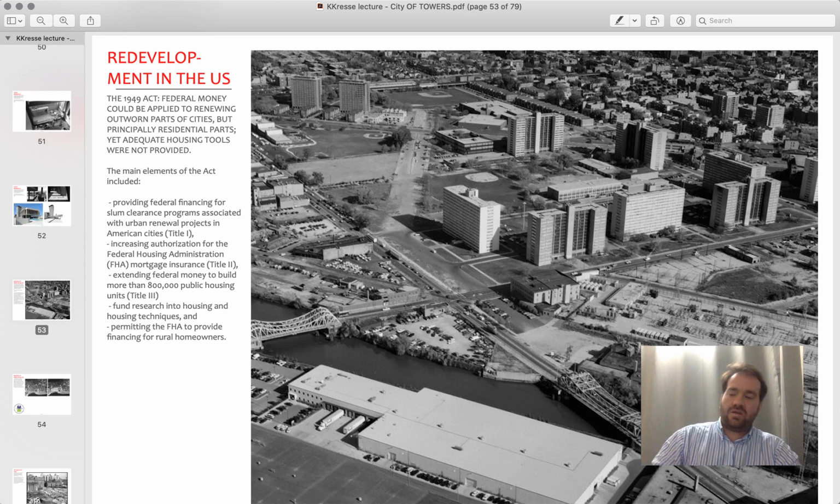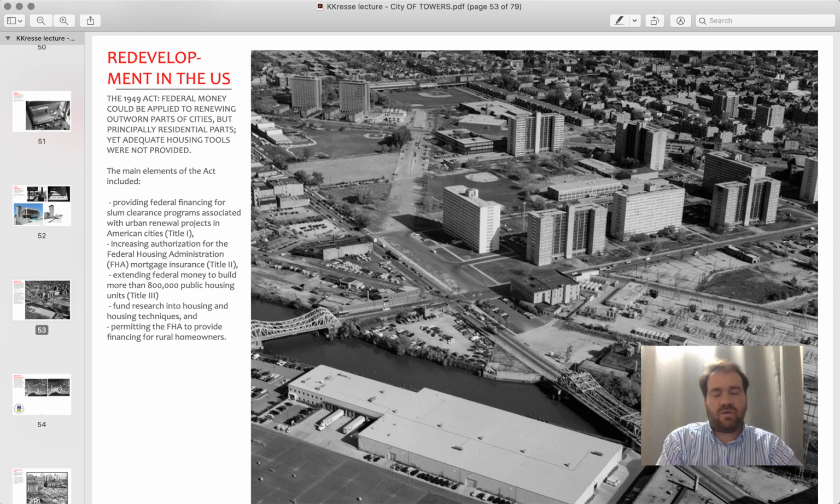So here the application of the modernist high-rise flat was more to redevelop existing parts of the city, and for this also government regulation was put in place. So the 1949 Act is when it started.